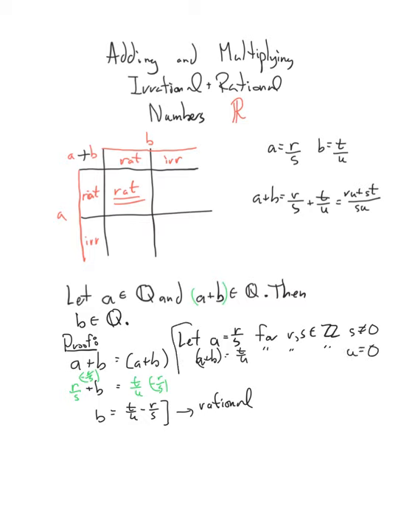So I defined my variables here, and then I just wrote down what I wanted to show. A plus B equals, of course, A plus B. We know A is R over S. A plus B is T over U. Solve for B, we get a rational number. Thus, B must be rational.